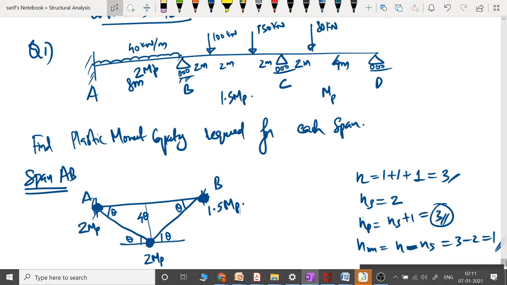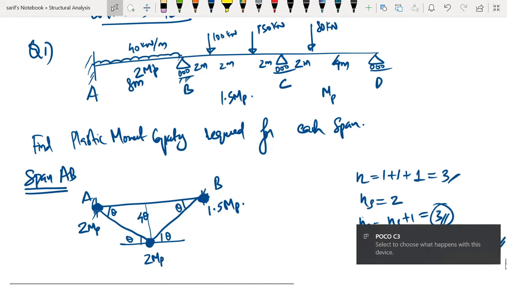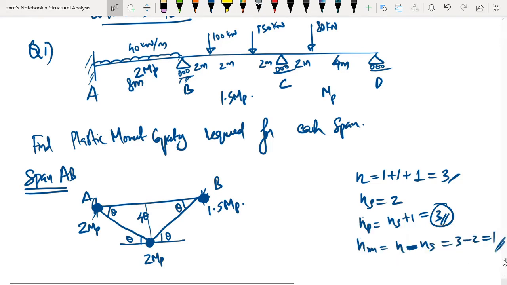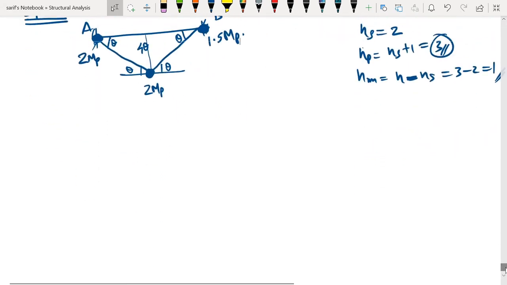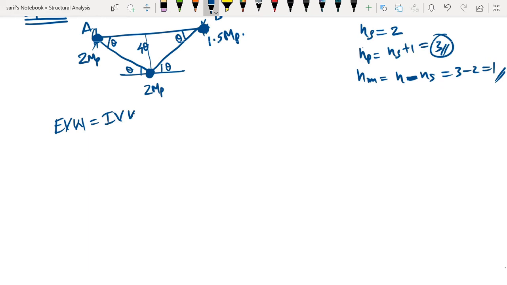So having found out the geometry of the mechanism, now what we need to do is write the virtual work equation. So external virtual work is equal to the internal virtual work.